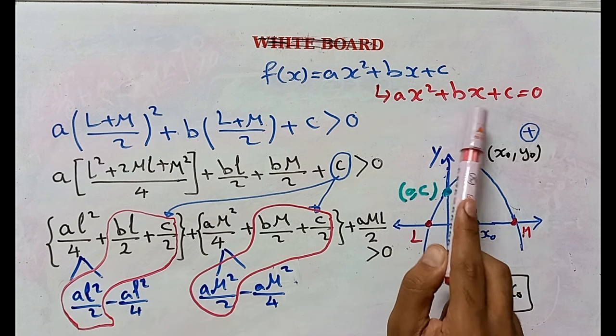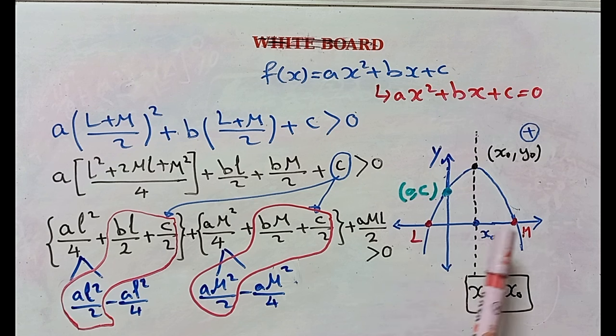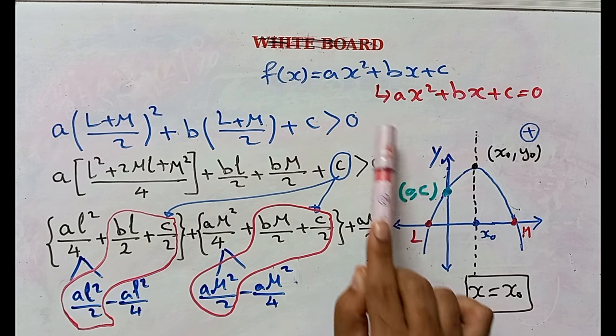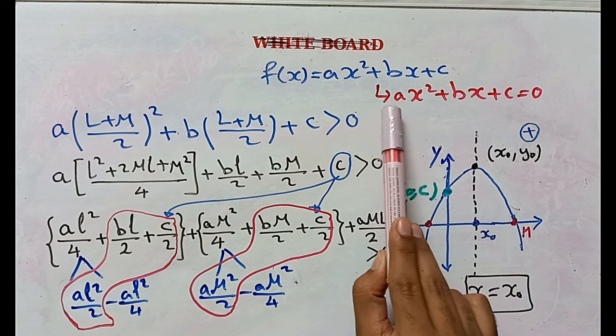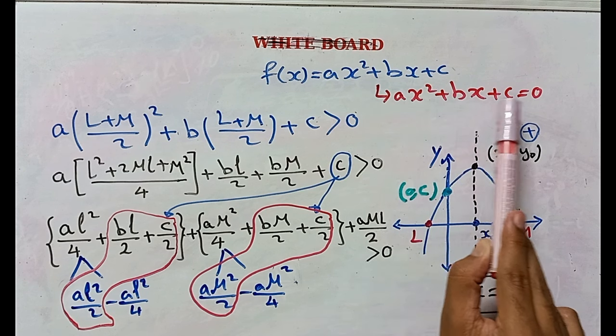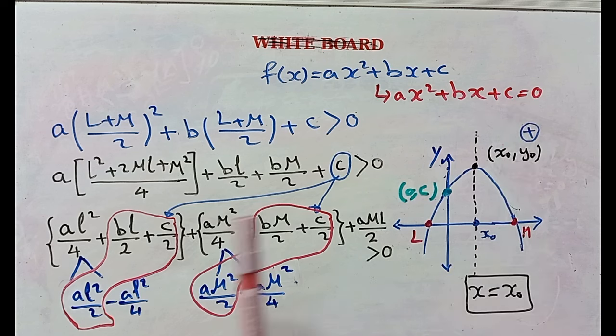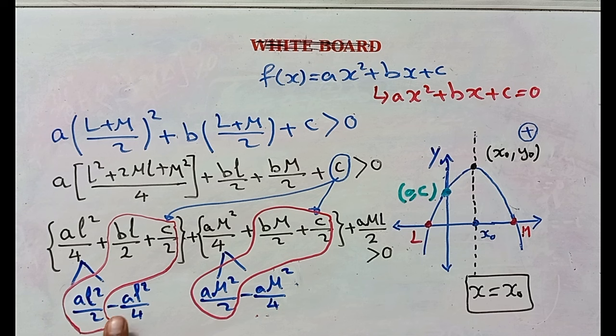From the quadratic equation, we have L and M are two roots. Then L satisfies the equation, so AL power 2 plus BL plus C equals 0. Divide by 2, and it gives you AL power 2 over 2 plus BL over 2 plus C over 2 equals 0. And similarly for M. So the remainder will be negative AL power 2 over 4 minus AM power 2 over 4 plus AML over 2 bigger than 0.